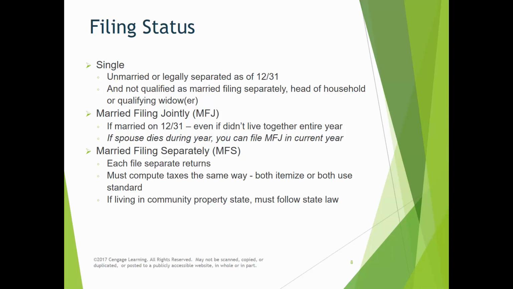So if you get married at 11 p.m. on 12/31, you're married at the end of the year, right? To be single, you're unmarried or legally separated as of 12/31, and you don't qualify for these other three categories: married filing jointly, head of household, or qualifying widower. If you're married as of midnight on 12/31, you're married filing jointly or married filing separately.